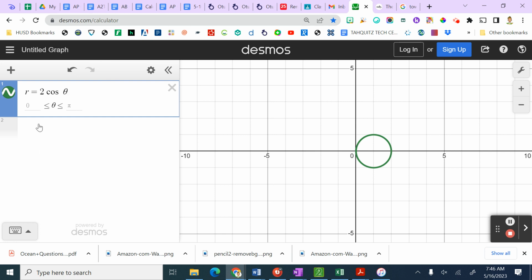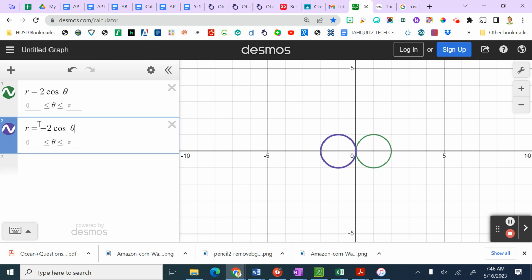Okay. So let's see what happens if we switch that to negative. So r equals negative 2 cosine theta. I'm doing those separately. All right. So what happened? Is it still symmetric about the x-axis? Yes. Is it to the left, to the right, up, down? To the left. Perfect. All right. So let's record what we just did there. Let's put that in our notes.